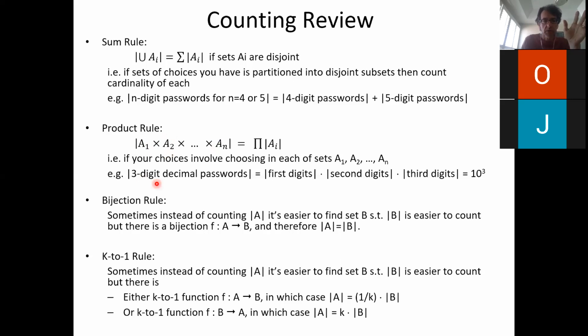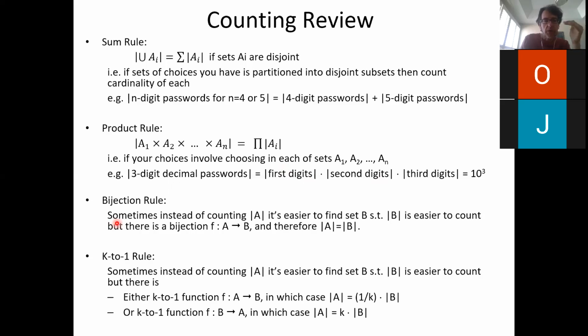The password is over the alphabet where each character is a digit, so 10 choices, in decimal. So how do you count the possibilities of 3-digit decimal numbers? You have to choose the first digit, the second, and the third, and you choose them all independently.